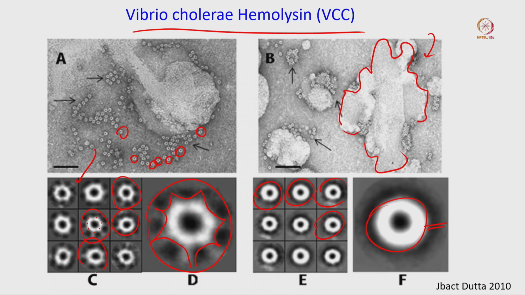So from these negative staining images you can tell that one protein is forming a heptamer, while the other is not and forms a globular shape. As well, you can see there is a pore at the center, which is present in both protein samples.